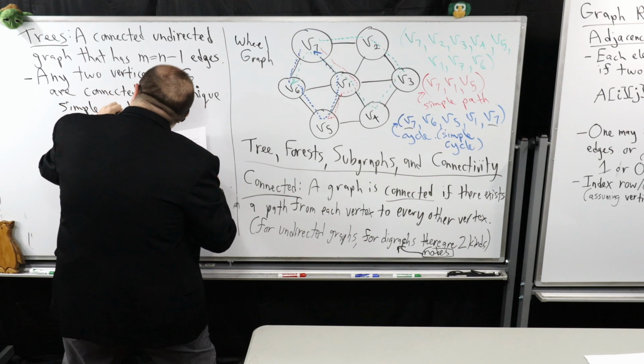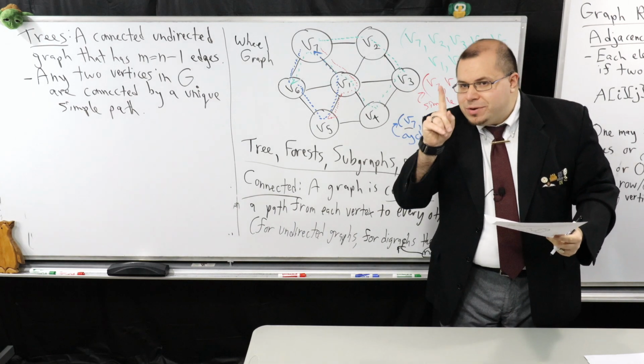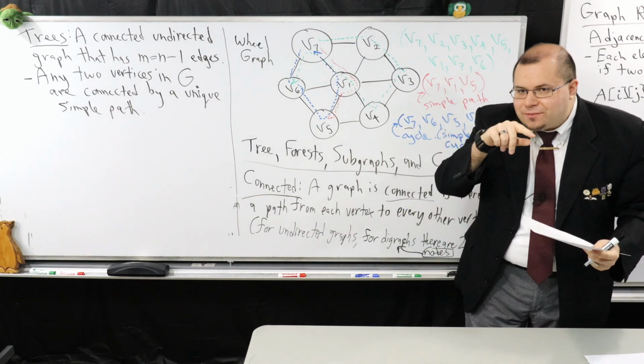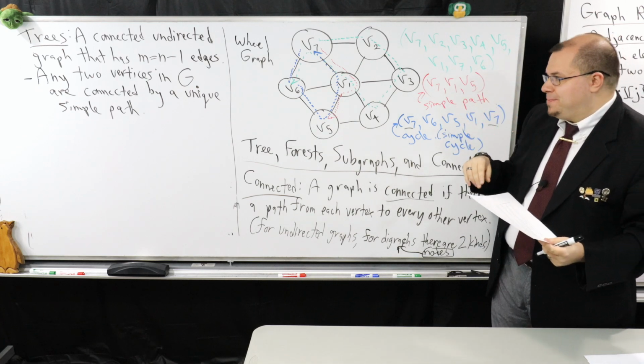That just means if I pick any two vertices in the graph, there has to be one unique path that takes me from that vertex to the other vertex. The uniqueness is the important part here.